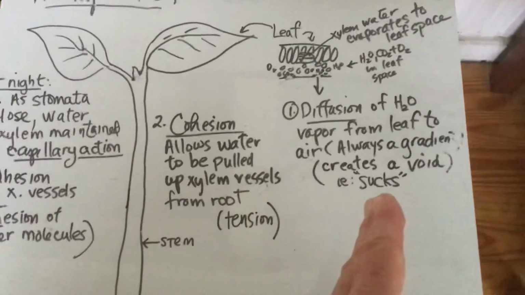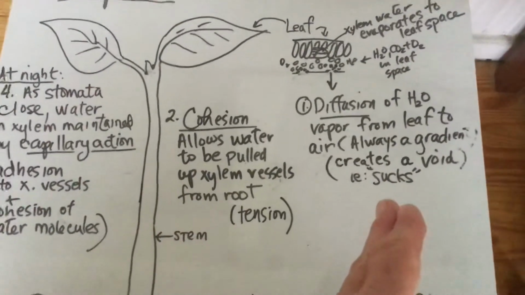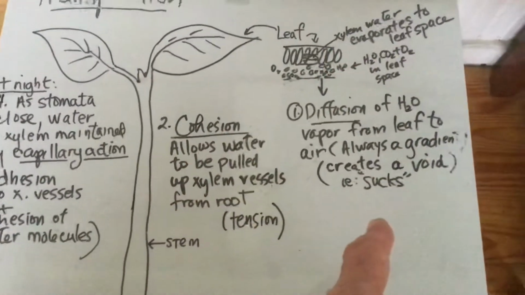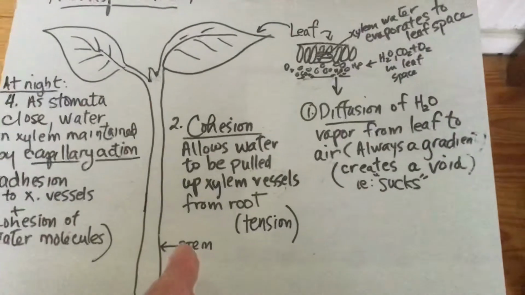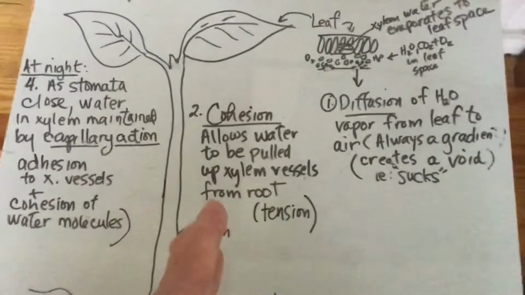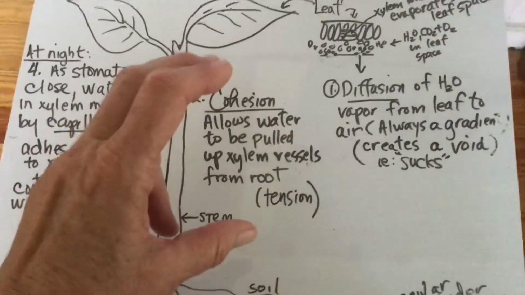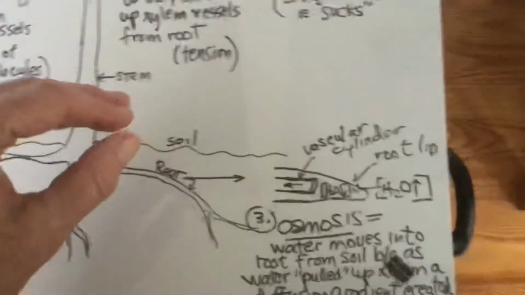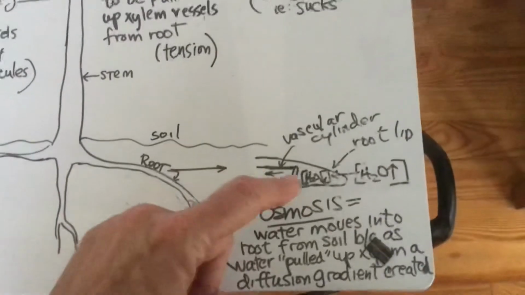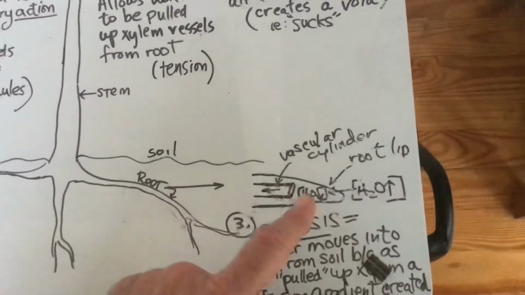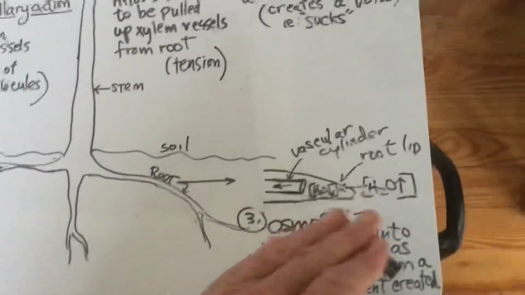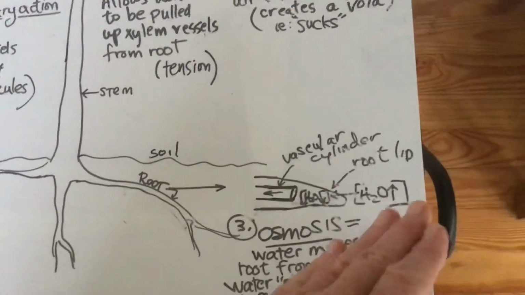When you suck on a straw, you create a void where you're sucking, and that void is going to pull the water up the straw via a cohesion process, right? Now down in the root, because this suction action is occurring, let's say this is the vascular vessel here, and this is the root tip. In the soil, there will be some water.